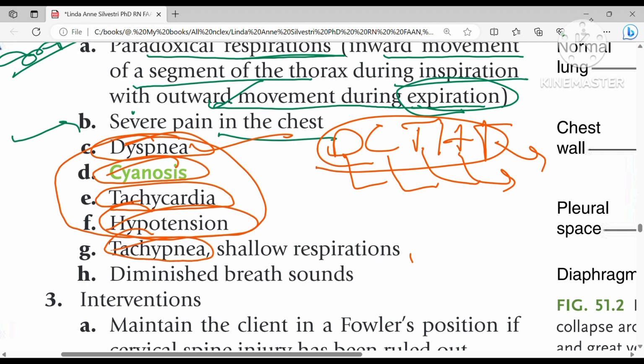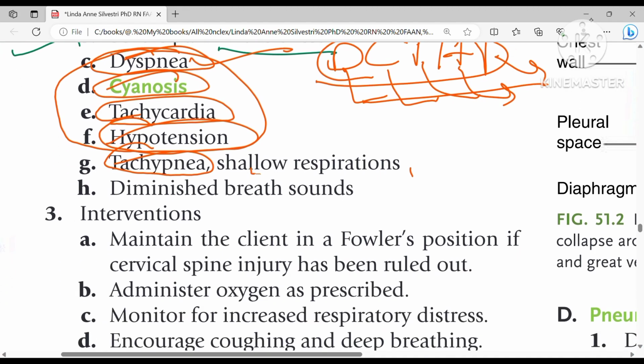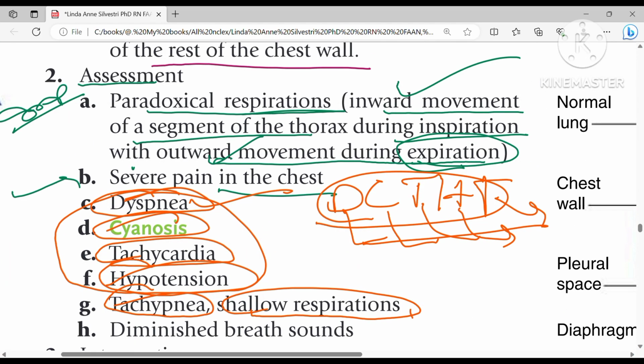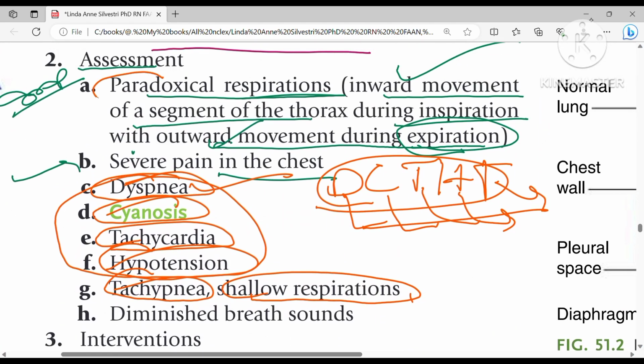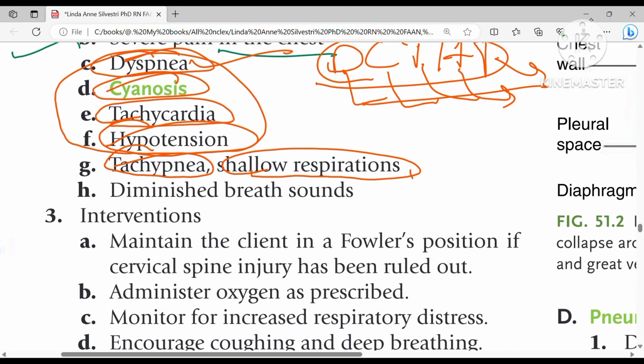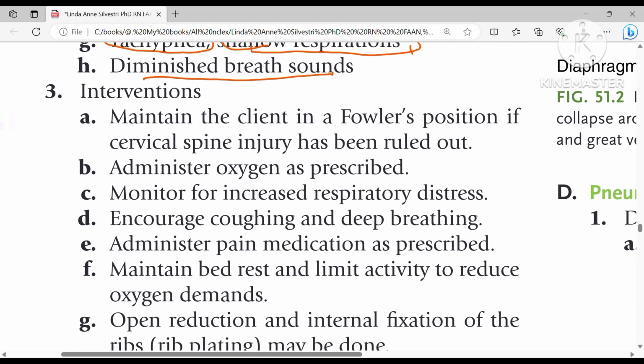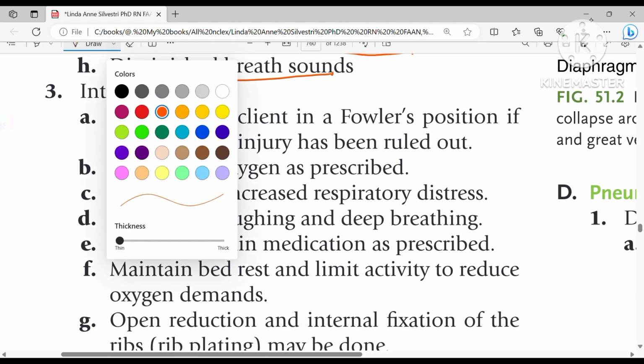DCTHT. Then shallow respiration is also there. But the most important, paradoxical respiration, is a unique feature of flail chest. Then diminished breath sounds; breath sounds will be decreased.